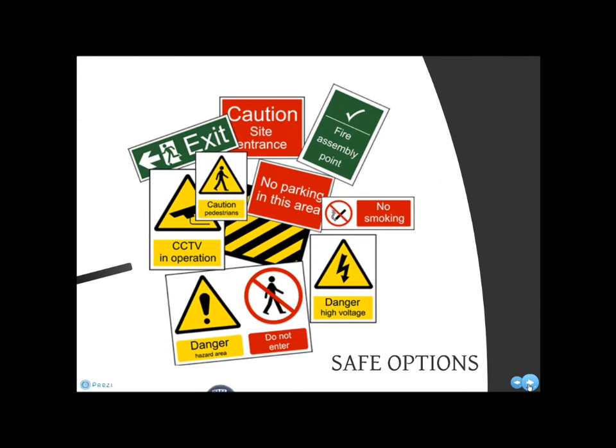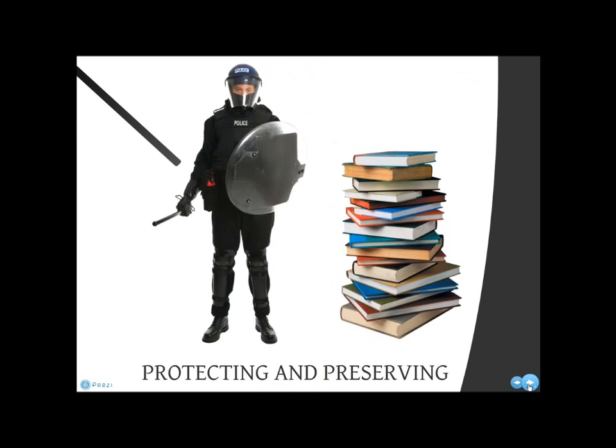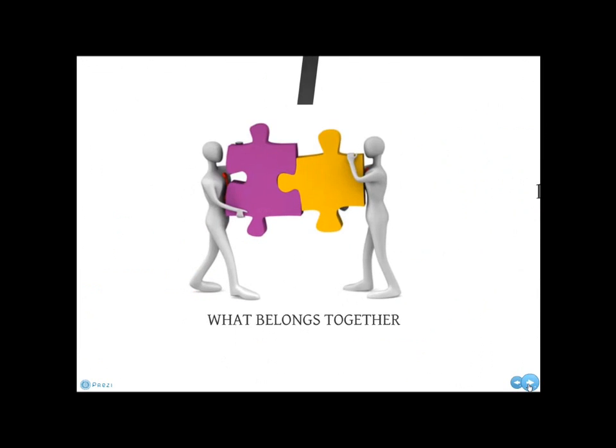Convergent strategies tend to be quite safe, unlike divergent, which are seen as being risky. Safe and risky are more to do with how people feel about them. Convergent strategies tend to protect and preserve past knowledge. So rather than divergent strategies, which tend to look at existing knowledge from different perspectives, convergent strategies will tend to protect and preserve and build upon past knowledge in a linear fashion.